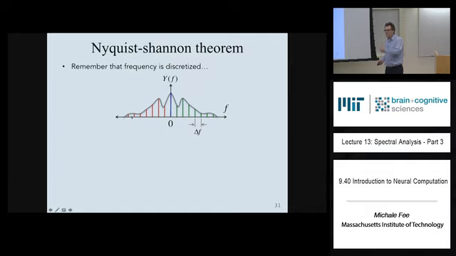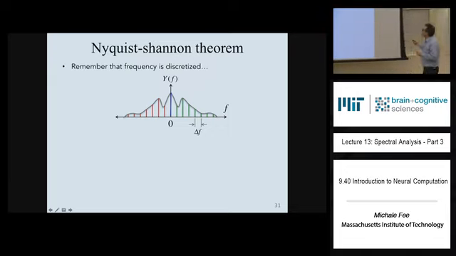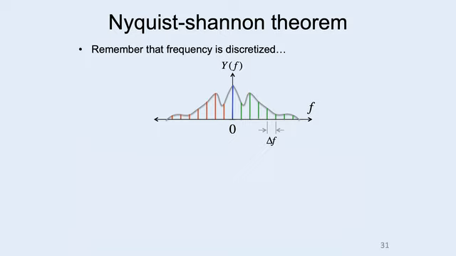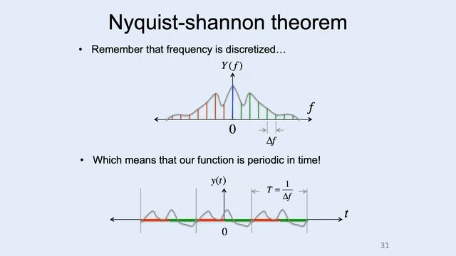What was it about the signal in time that allowed us to do that? It is periodic. We could only do that if the signal is periodic. So when we write down our fast Fourier transform of a signal, discretized in frequency, what that means is that it's periodic in time.